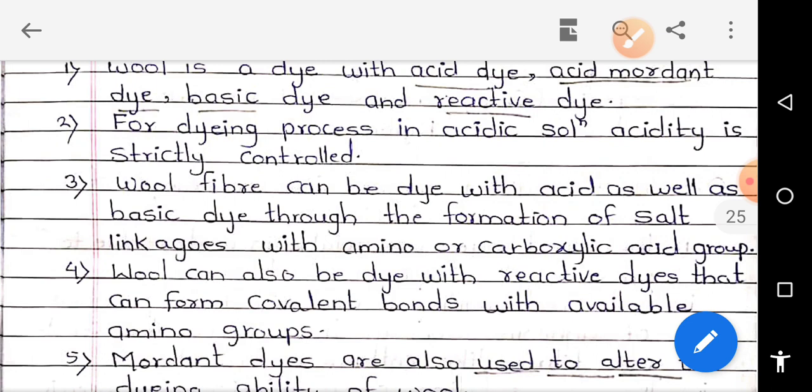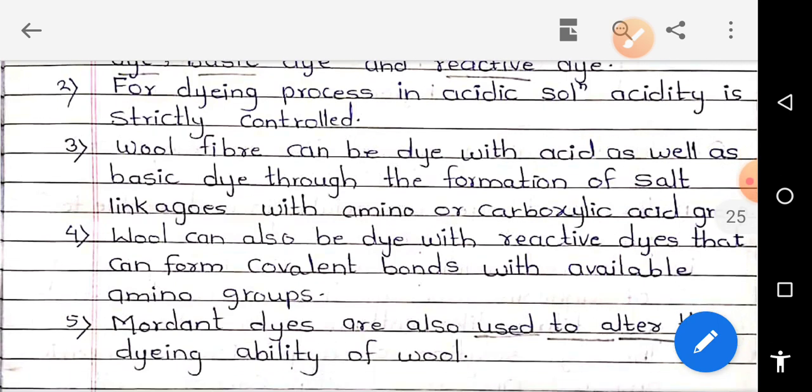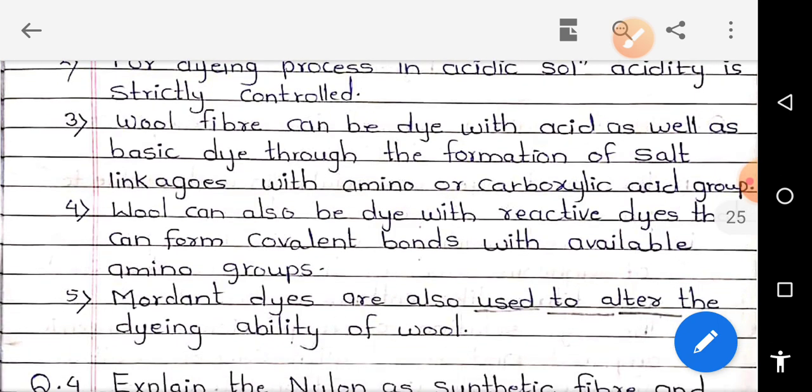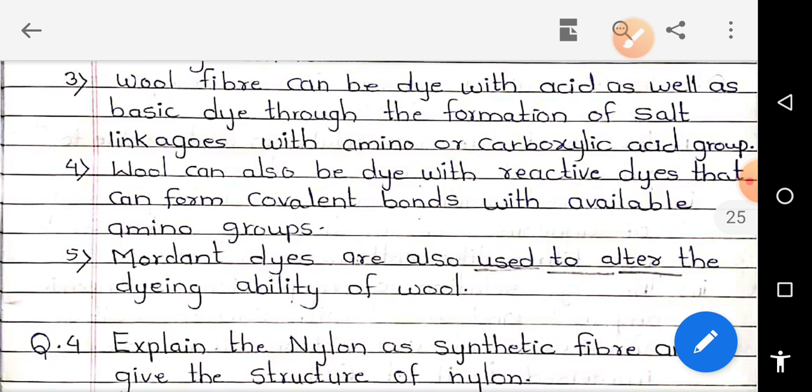For the dyeing process, acidic solution, acidity is strictly controlled. Wool fiber can be dyed with the acid as well as basic dye through the formation of salts. The linkage goes with the amino or carboxylic acid group. Wool can also be dyed with the reactive dye that can form a covalent bond with the available amino acids.